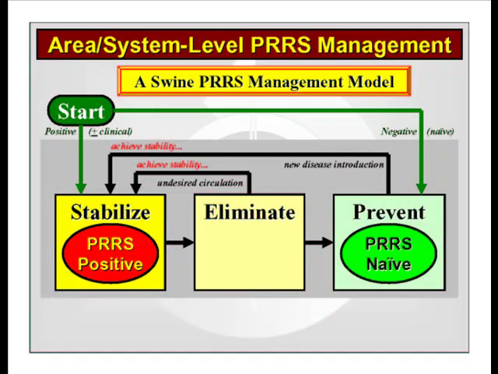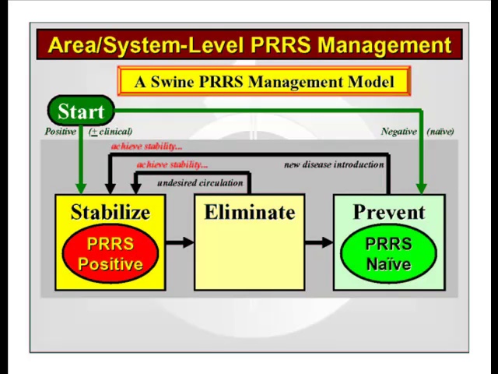Now, we can talk about PRRS eradication, but if you're going to go through eradication or elimination, you have to go through control. We're not going to be successful in the long term to eliminate PRRS until we first control it and stabilize for it.